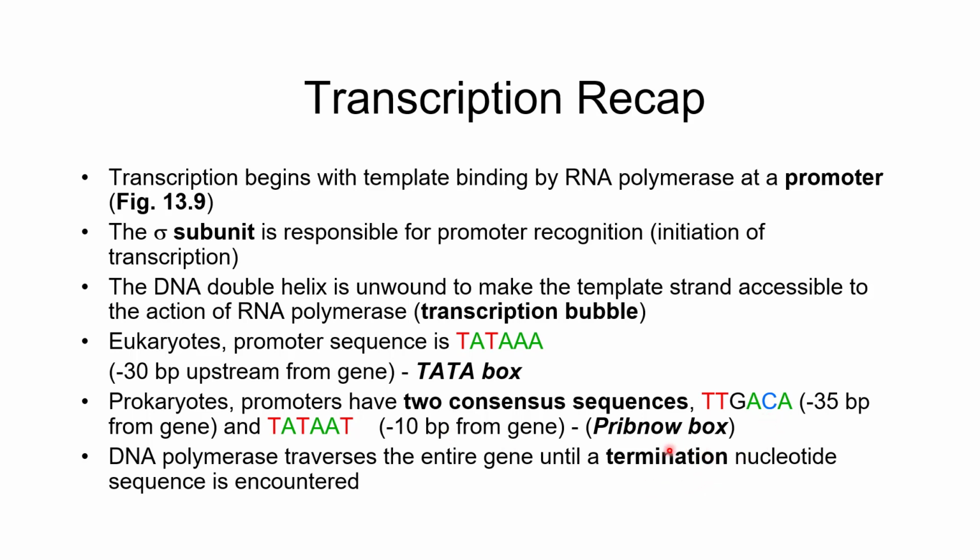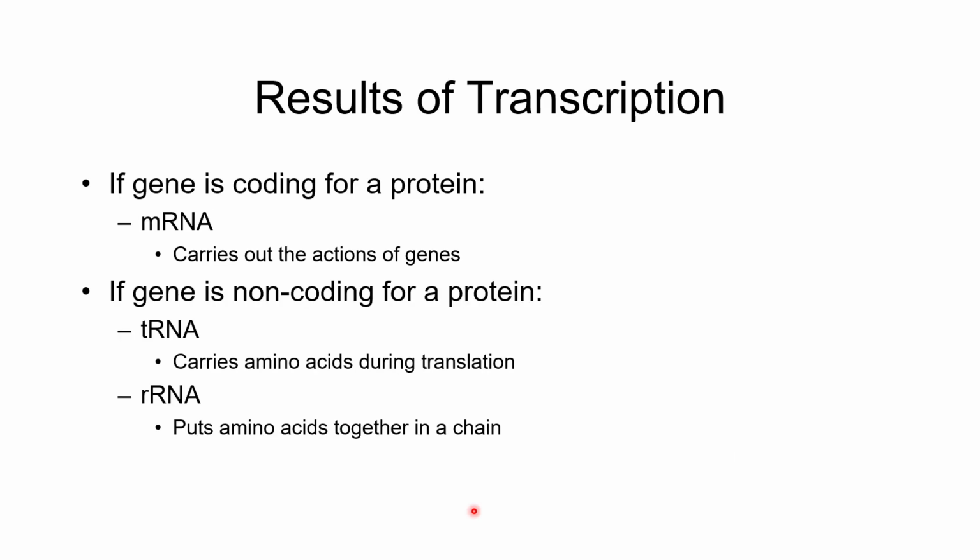One is what we call the Pribnow box, and then there's another sequence that has the TTGACA. You'll notice that the Pribnow box is pretty similar to our TATA box. Then elongation will continue until we reach the termination nucleotide sequence, and that causes it to stop.